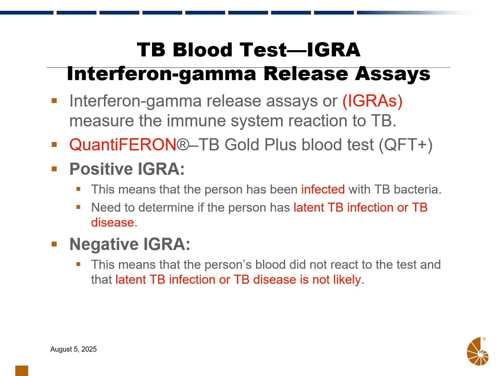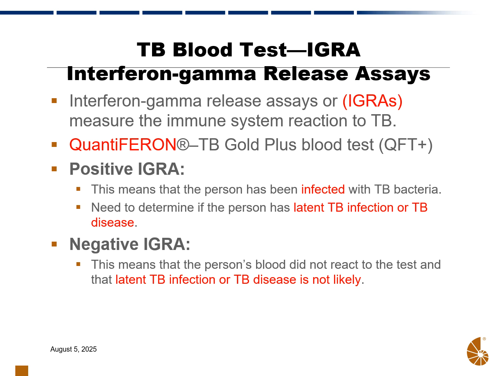A positive test means that the person has been infected with TB bacteria. So you need to determine if the person has latent TB or TB disease with sputum culture or chest x-ray. A negative IGRA means that the person's blood did not react to the test and that latent TB infection or TB disease is not likely.